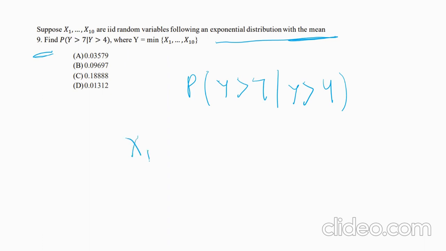And this x1 to x10 are IID, that means independent, and all have mean this.